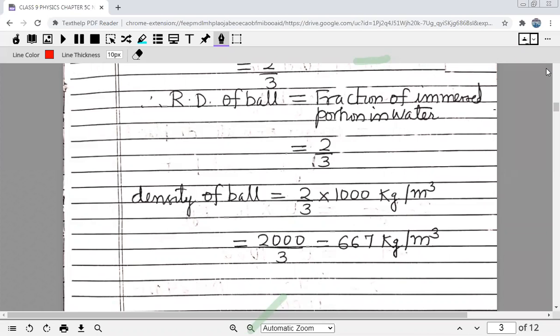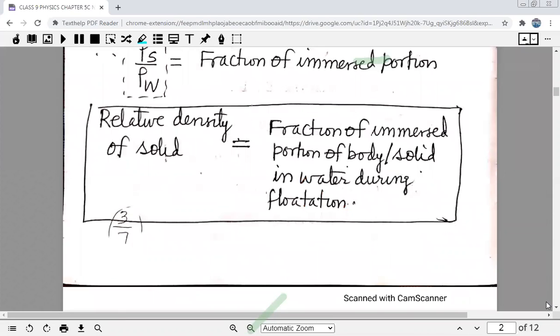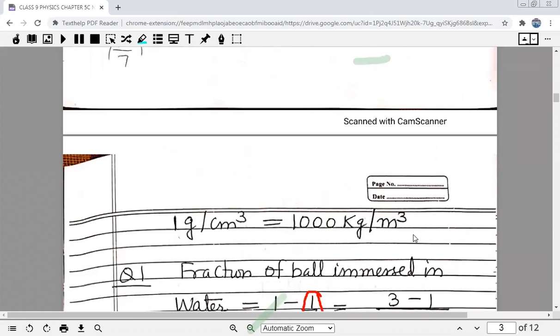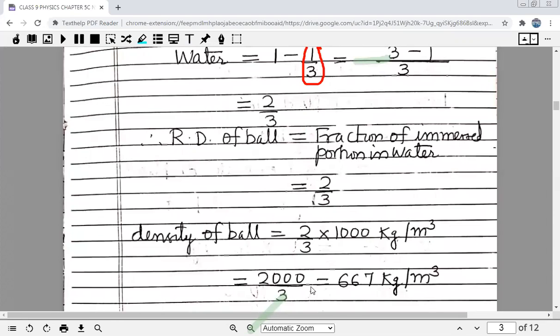Or if you convert to kilogram per meter cube, you will multiply by how much? 1000. So it will be 2/3 into 1000, that is 2000 upon 3 kg per meter cube, that is 667. Is this question clear?